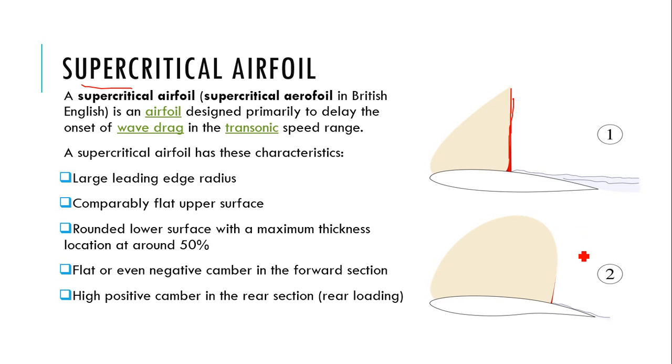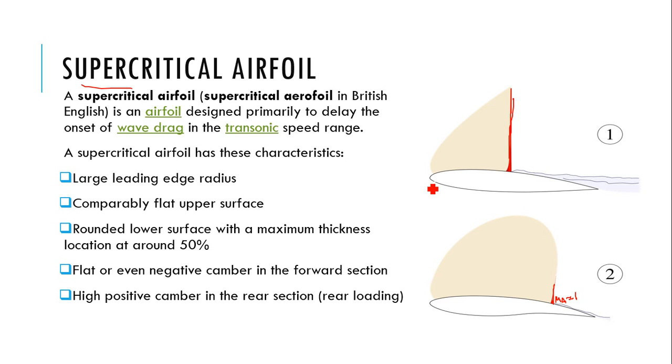Because of this shape, the critical point will be reached, the local Mach number will reach 1, and sonic flow will be reached near the trailing edge only. So this may reduce the drag of the airfoil.